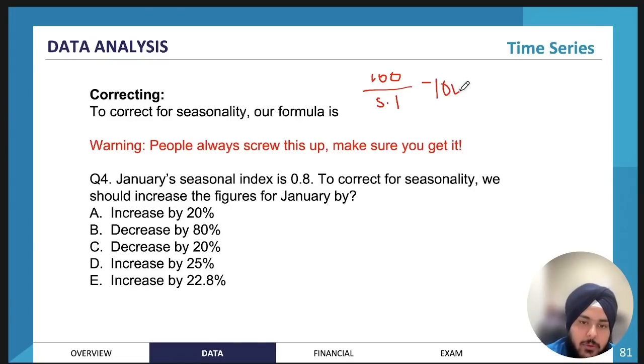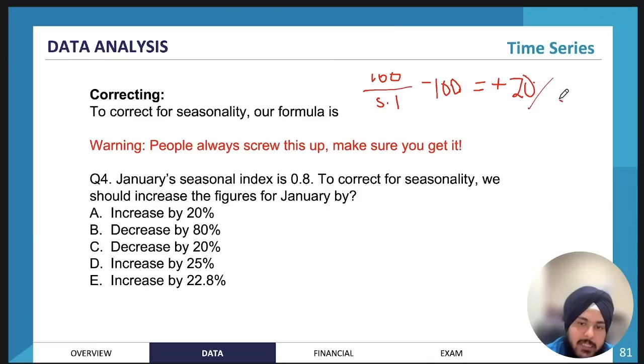That will give you the value that you need to adjust the value by, or how to correct the seasonality. So let's say we do this formula and we get positive 20. What that would mean is that the value needs to be increased by 20%.